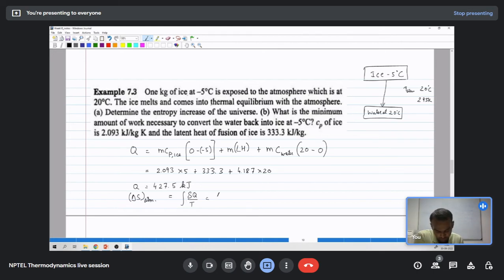Here the atmosphere is losing heat to the ice water system, so the entropy will decrease, so I would write minus del Q by T, which is minus 427.5 divided by the constant temperature of 293 Kelvin.